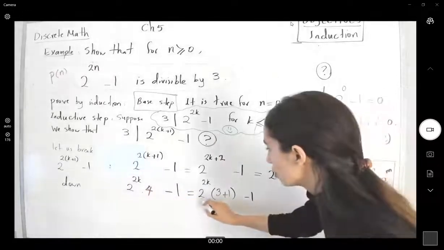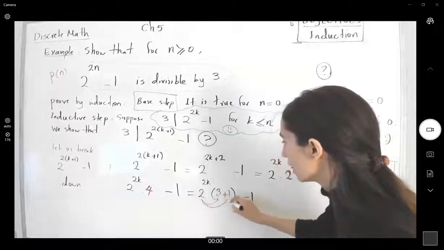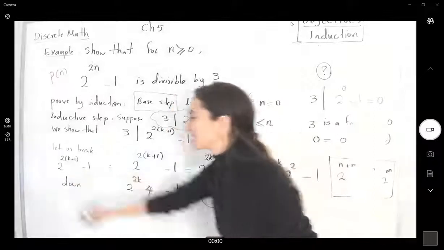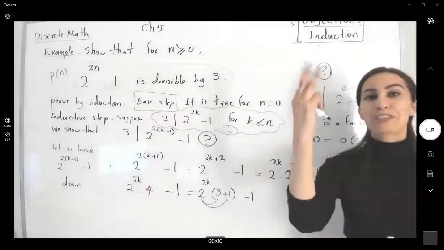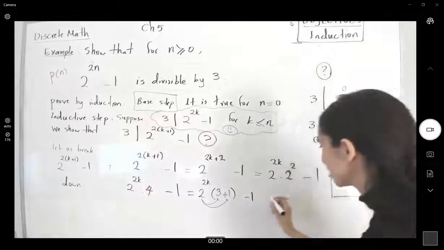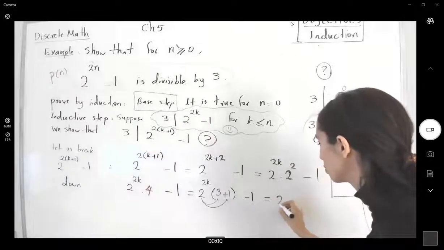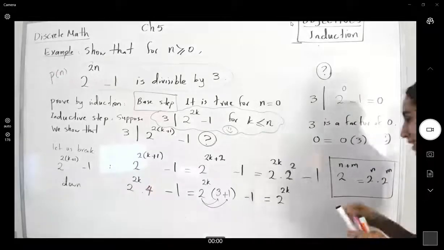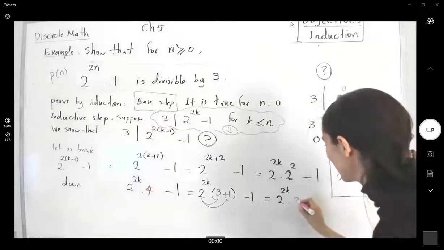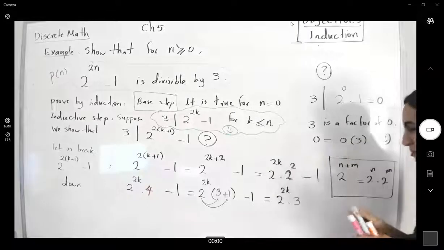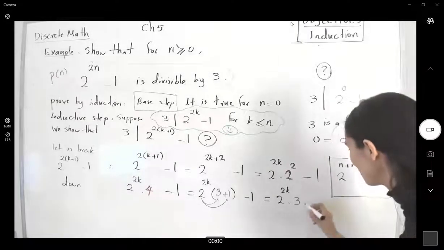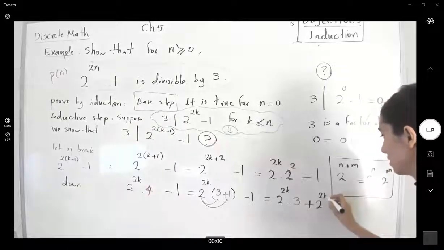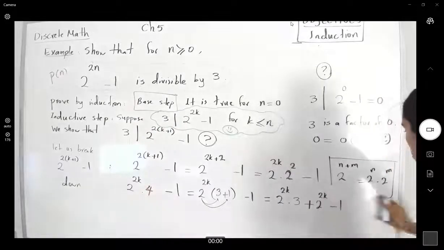So I'm going to distribute 2 to 2k into parentheses. Again, we're trying to break this guy down into terms with 3. So here you get 2 to 2k times 3. Well, I'm lucky. I'm having 3 next to this, plus 2 to 2k minus 1.